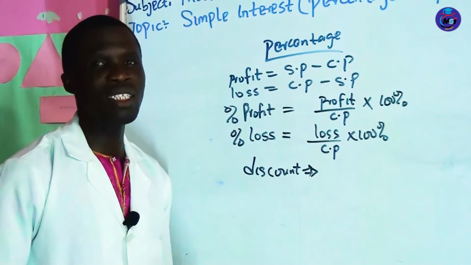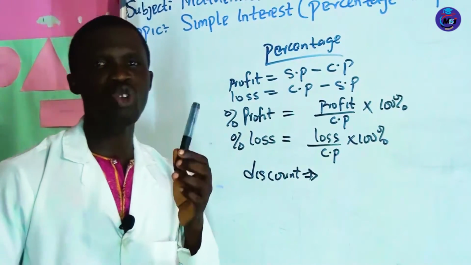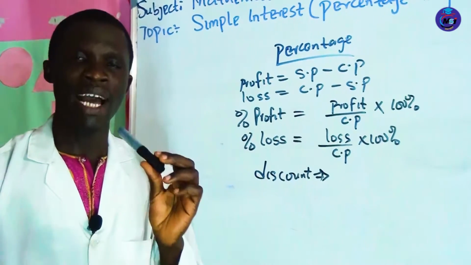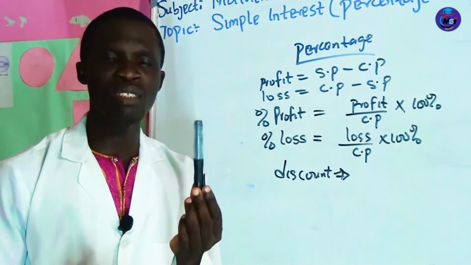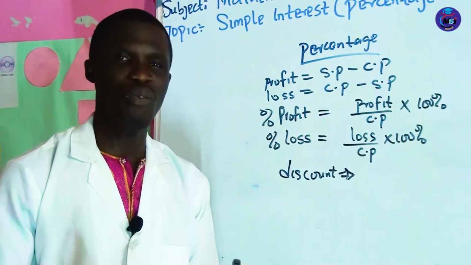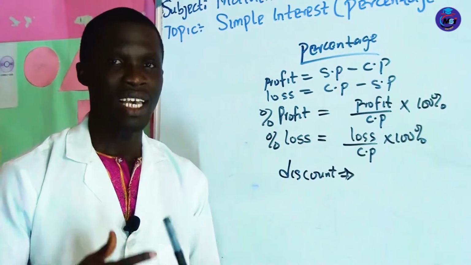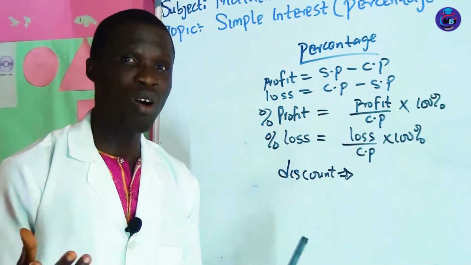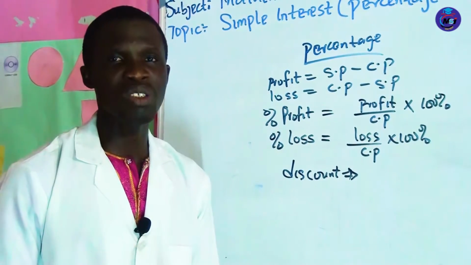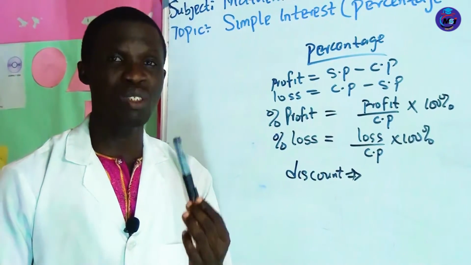If I want to sell this marker for 20 naira, but I discover that in order for this marker to move faster in the market, in order for me to sell it faster than other people, I'm going to reduce the price of this marker.